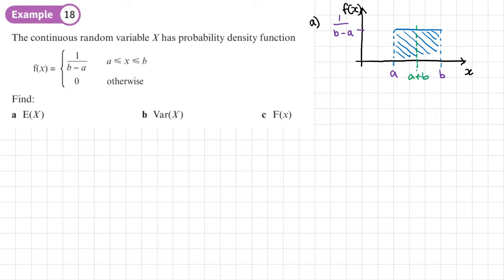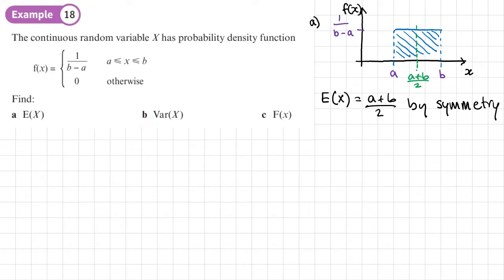So let's write a plus b over 2. So we can say that E of x, the mean, equals a plus b over 2, and we found that by symmetry. And that's a valid way of doing it if your distribution is symmetrical. So for example, the normal distribution is symmetrical and the mean is in the very center of that distribution.